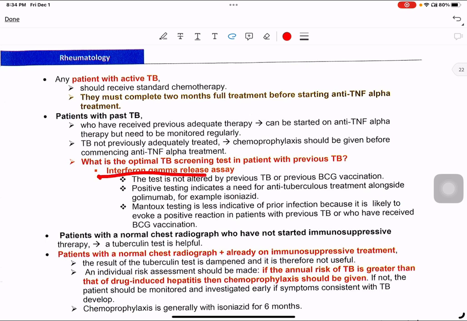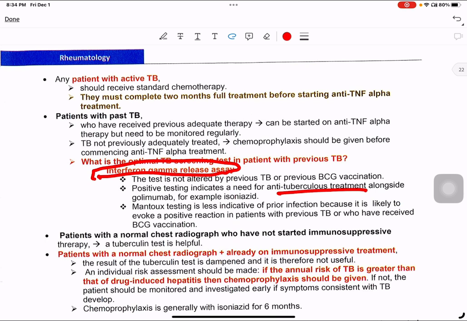The interferon gamma release assay, that is the QuantiFERON TB Gold test, is very important to find out whether latent TB is present or not. This is not affected by previous TB or previous BCG vaccination. A positive test indicates a need for anti-tuberculosis treatment along with biologics, for example isoniazid.